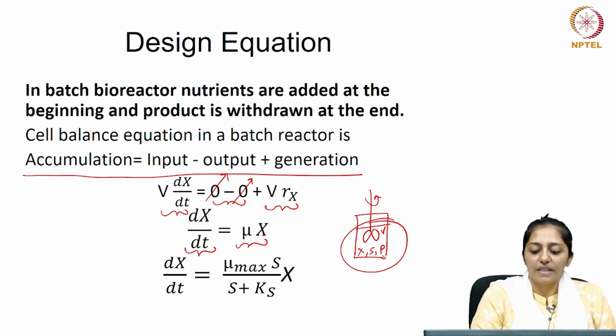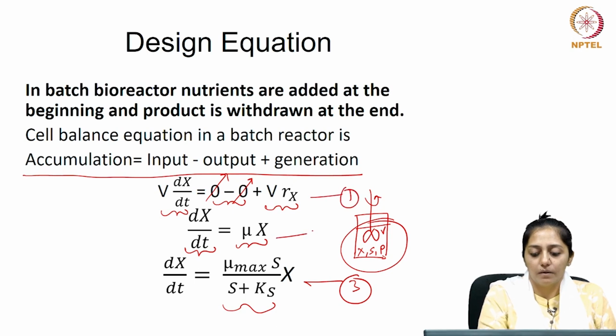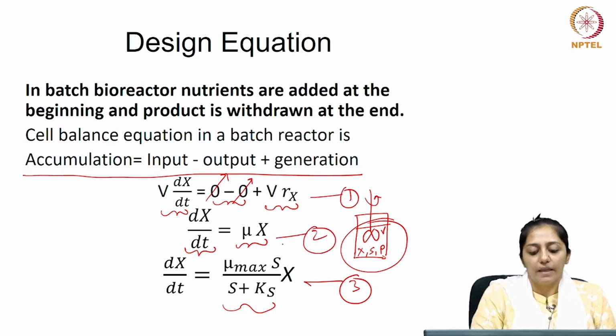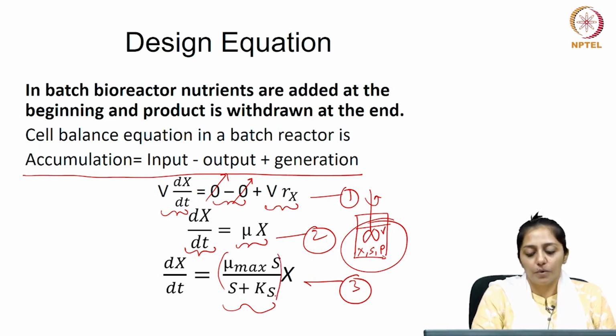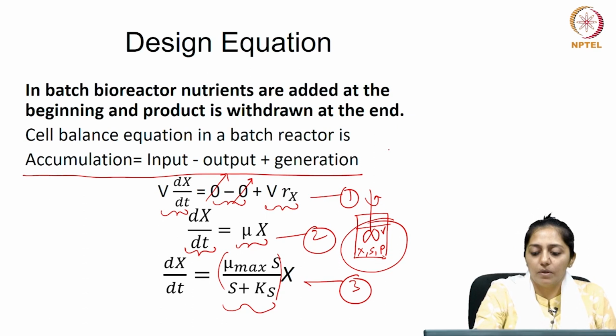Now, if the specific growth rate of the culture can be defined by Monod's model as shown in equation 3, then you can further expand equation 2 as equation 3. So, this term is what we know as Monod's model, which talks about how specific growth rate is related to the limiting substrate concentration.